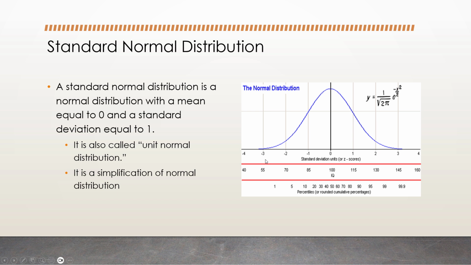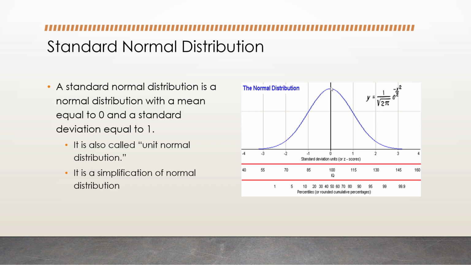Z-scores not only tell where a raw score stands relative to others, but also make it easy to determine percentile ranks. Knowing that a normal curve is asymptotic, it covers all possibility of event outcomes. The total probability under the curve is 1, or 100%.